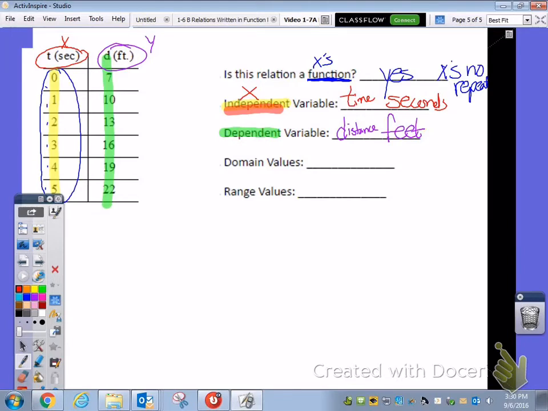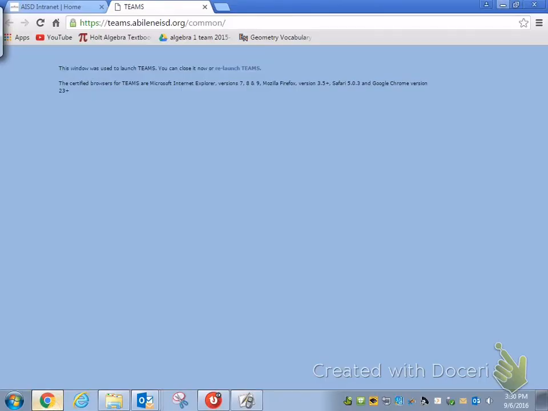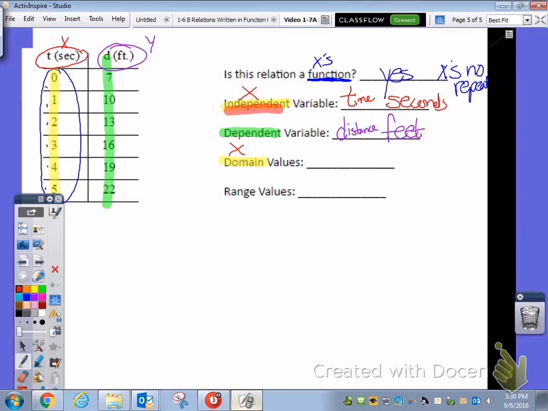Domain values. So remember, domain is the first column, which is your x column, and my domain values are 0, 1, 2, 3, 4, 5. The range values are always the second column, and in this case, they are 7, 10, 13, 16, 19, and 22.